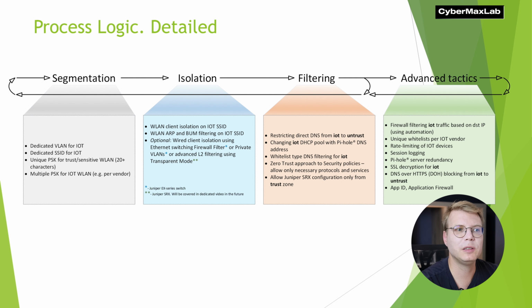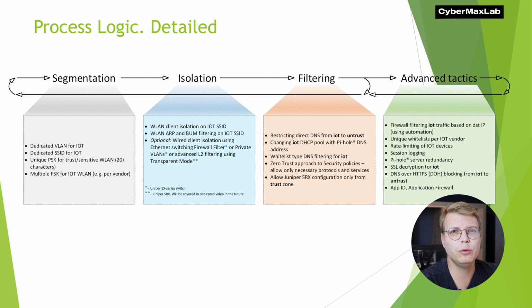Next, unique whitelists per IoT vendor. You are welcome to do that. All right, so you can create different lists for different types of devices, etc. You can go granular. Again, if you wish, you can do rate limiting of IoT devices. For example, you have smart plugs, you have light bulbs.